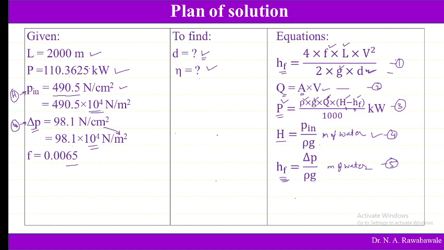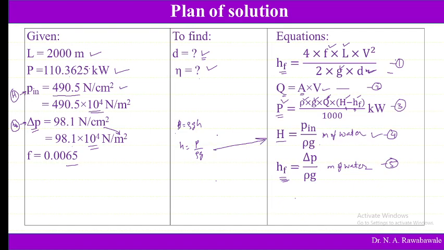So while solving this problem, we have to convert this pressure, which is given in Newton per meter square, into head in meters of water column. So that we have seen: static pressure P is equal to rho g H. So that is nothing but H is equal to P divided by rho g. So this is the formula which we are using here.